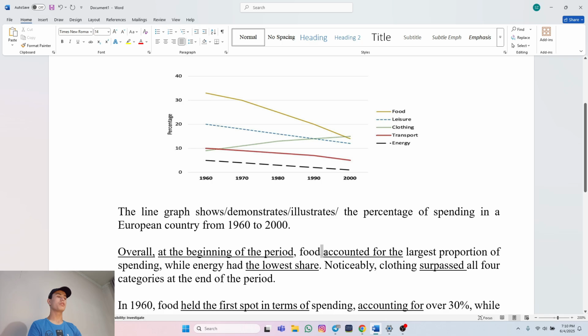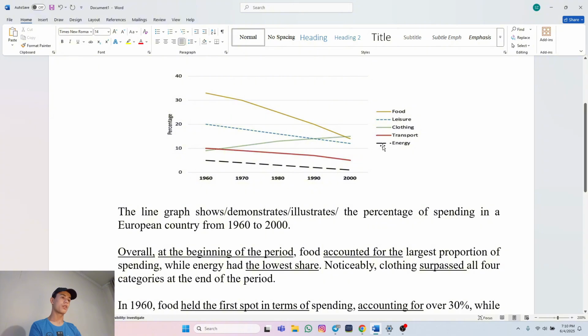The reason why I underlined this is that "accounted for" the largest or lowest is a very good phrase to use, and even people who got a 9, even examiners, use this phrase because it fits really well. And while energy had the lowest share, right?